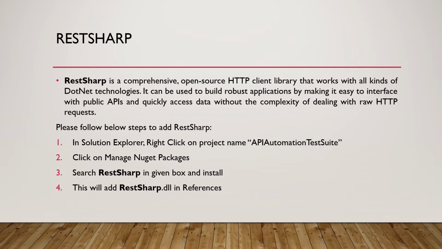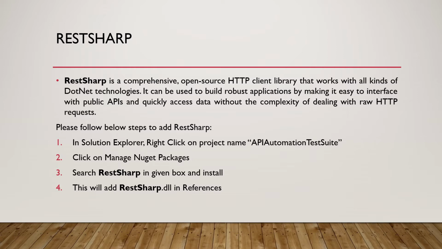RestSharp is a comprehensive open source HTTP client library that works with all kinds of .NET technologies. It can be used to build a robust application by making it easy to interface with public APIs and quickly access data without the complexity of dealing with raw HTTP requests.